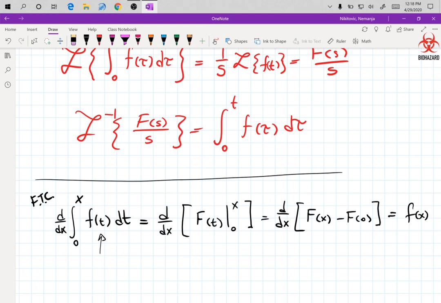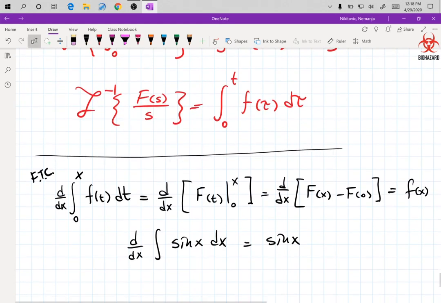So now what it tells me is that if I differentiate the integral of, I don't know, e to the, no, I don't want to use e to the x. If I differentiate, let's say this, I will just get that back, right? Because these guys cancel each other out.